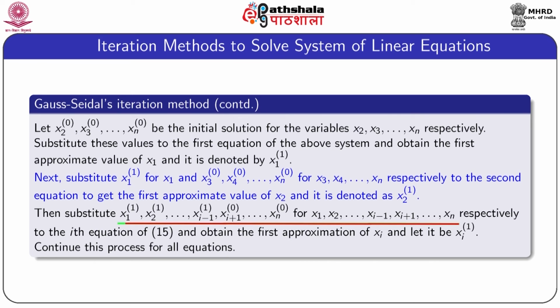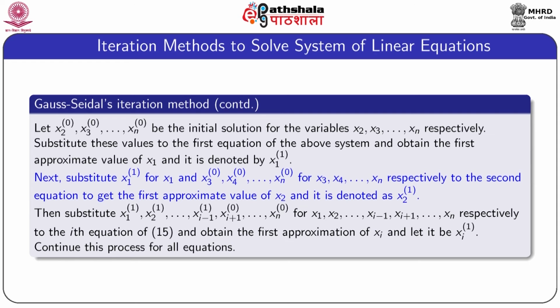Then we substitute x1^(1), x2^(1) up to x(i-1)^(1), x(i+1)^(0) up to xn^(0) for the variables x1, x2 up to x(i-1), x(i+1) up to xn respectively into the ith equation of the above system of equations, and obtain the first approximate value of xi, let it be xi^(1).